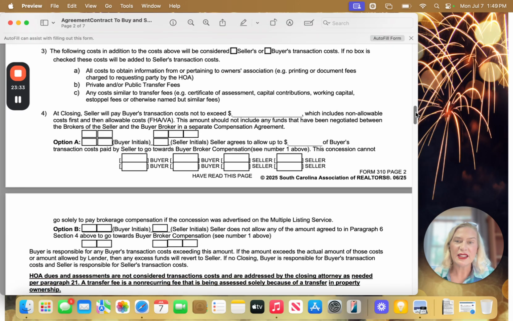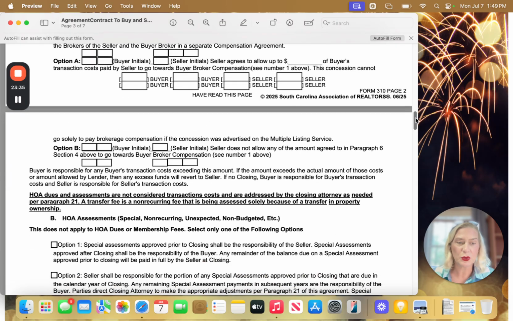And it says that this concession cannot go solely towards buyer compensation if listed on the MLS. Listen, this is such a pet peeve of mine. It says cannot solely go towards paying brokerage compensation if the concession was advertised on the MLS. I can't even tell you, because our MLS clearly says seller compensation, yes or no.